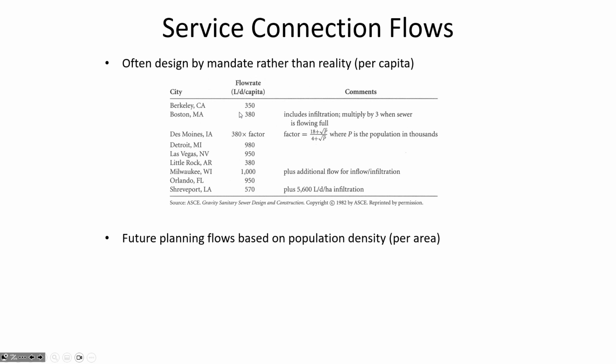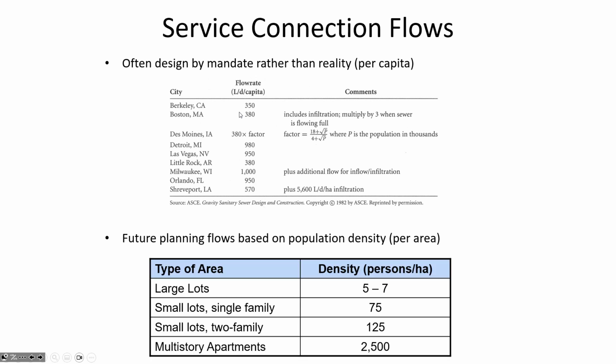And so having a clear idea of what the area is going to be zoned for is an important part of being able to size the sewer pipes appropriately. Here are just some typical guidelines for different types of densities that are assumed for when sizing sewer pipes. As much as 2,500 people per hectare in the case of multi-story apartments.